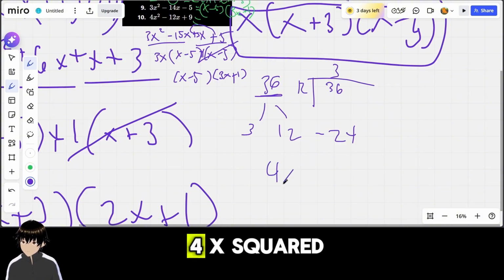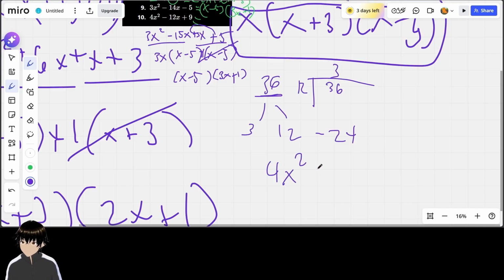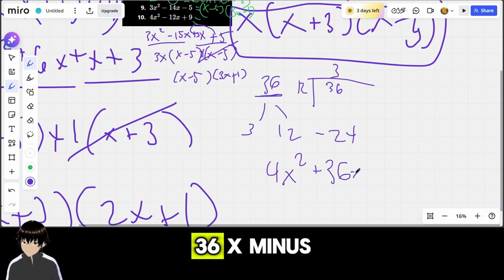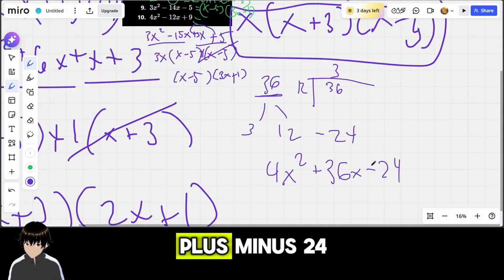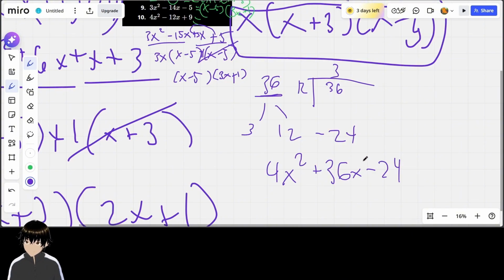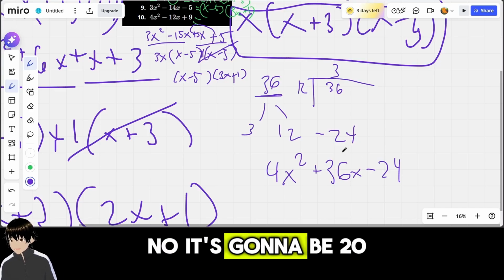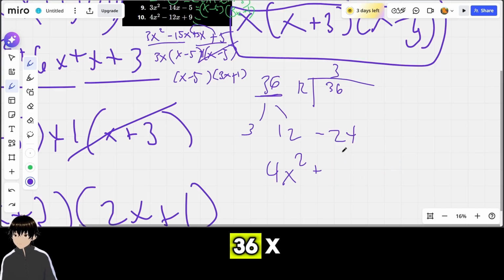So then we have 4x squared. That's 36. 36x minus 24x. Plus minus 24. No. It's going to be negative 36x.